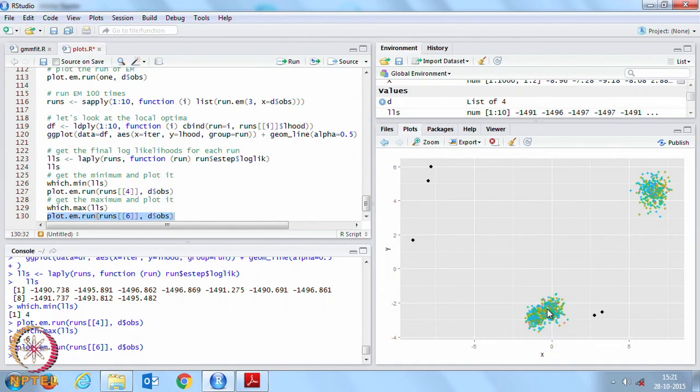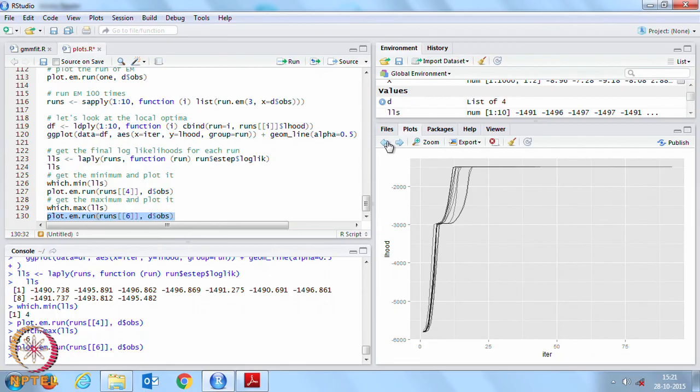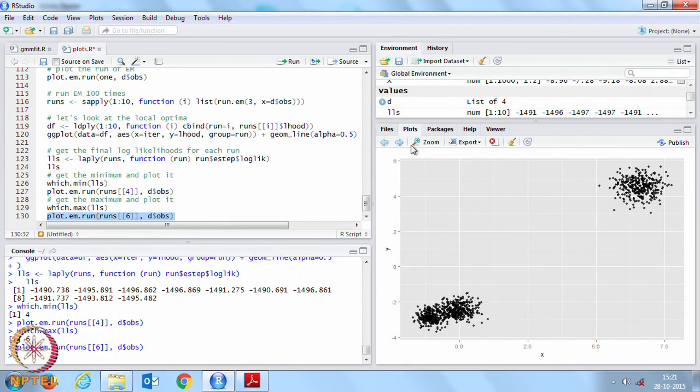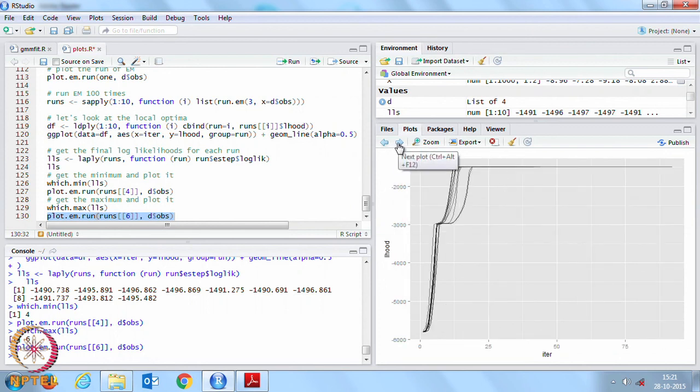So, when the data is very well separated, like we saw earlier, EM will usually give very good results, but when the data is not very well separated like this, it starts giving very weird results. But no matter what it does, the likelihoods will always increase.